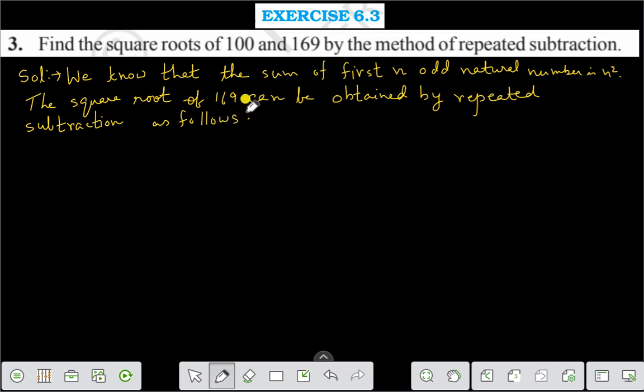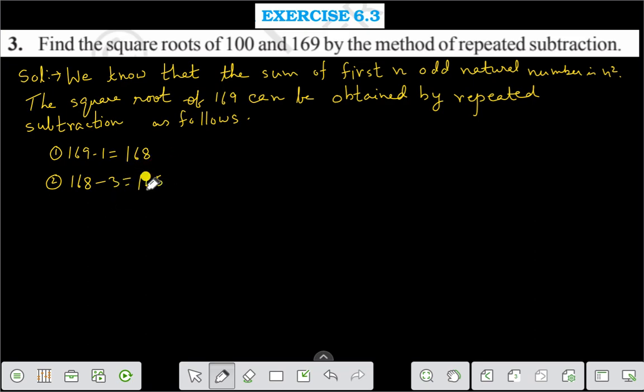Right? We are finding here 169 minus 1, that is step 1, equal to 168. Step 2, 168 minus 3 is equal to 165.